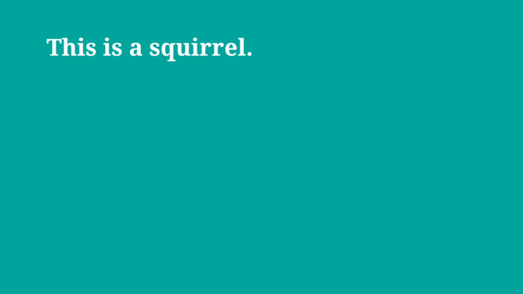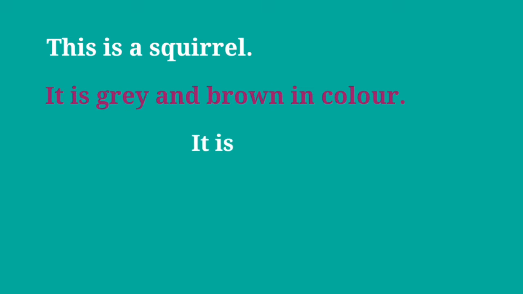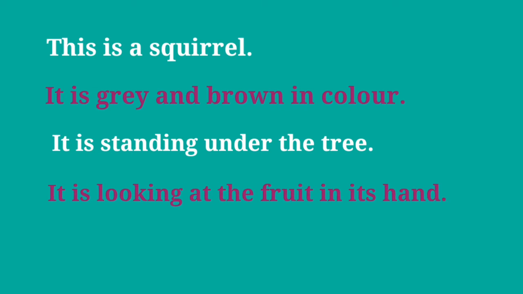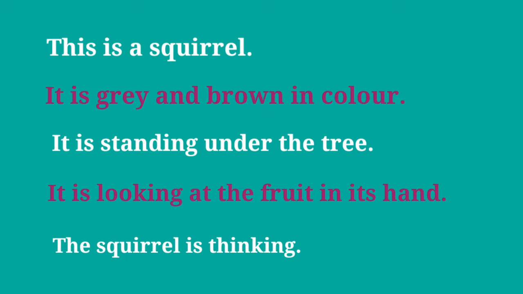This is a squirrel. It is grey and brown in color. It is standing under the tree. It is looking at the fruit in its hand. The squirrel is thinking.